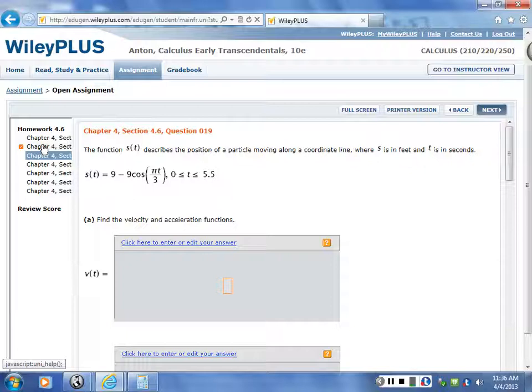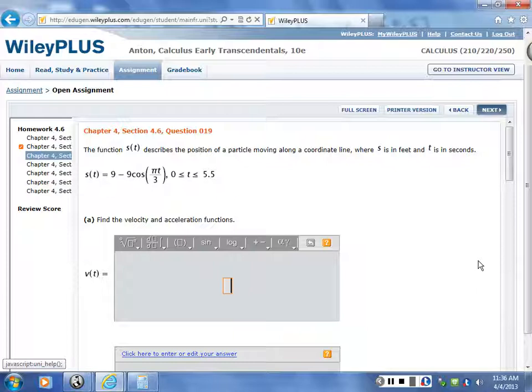Now, of course, the derivatives can be more complicated than a polynomial, and you should be able to do that. So what would be the velocity function in this case? What's the derivative of 9? 0.